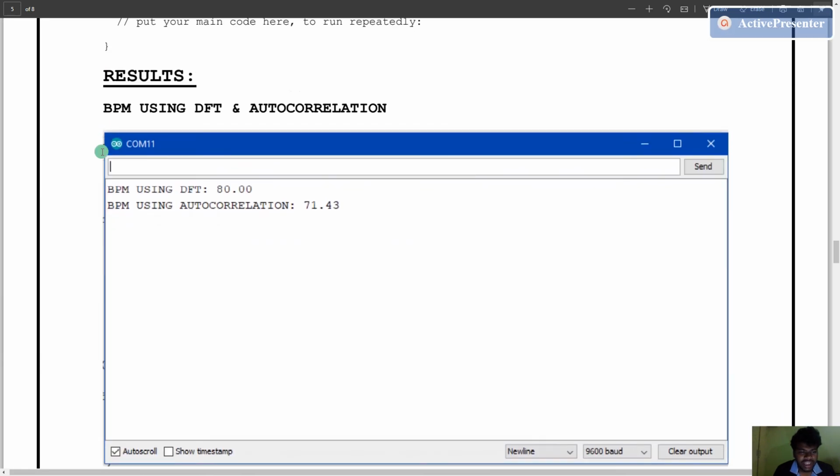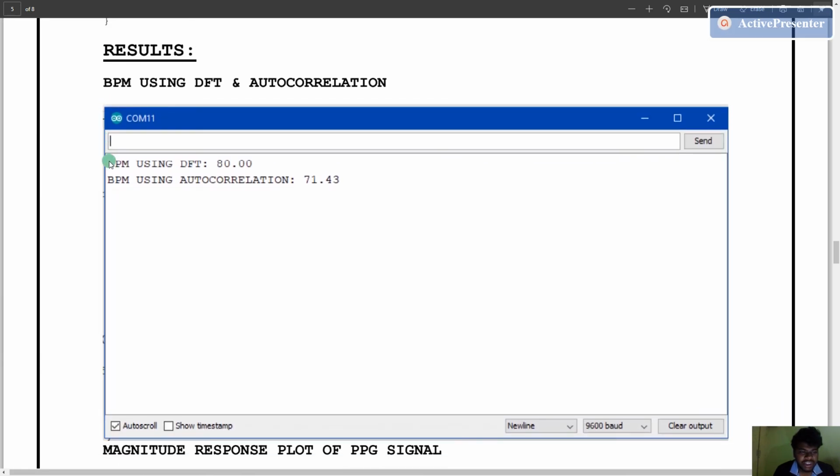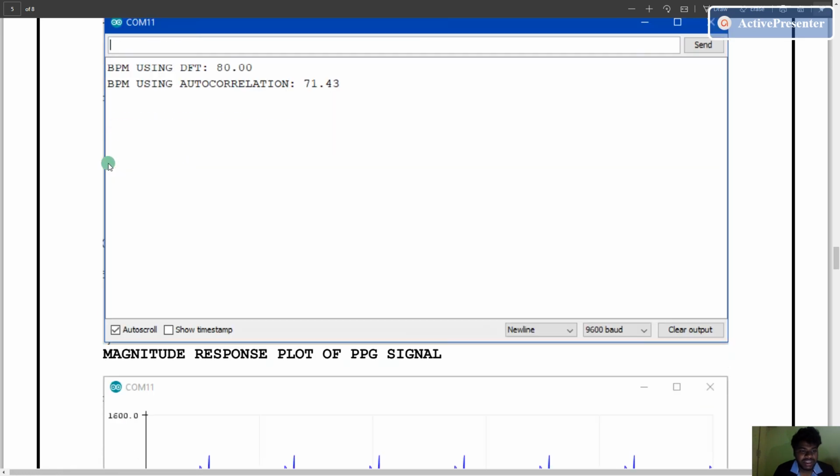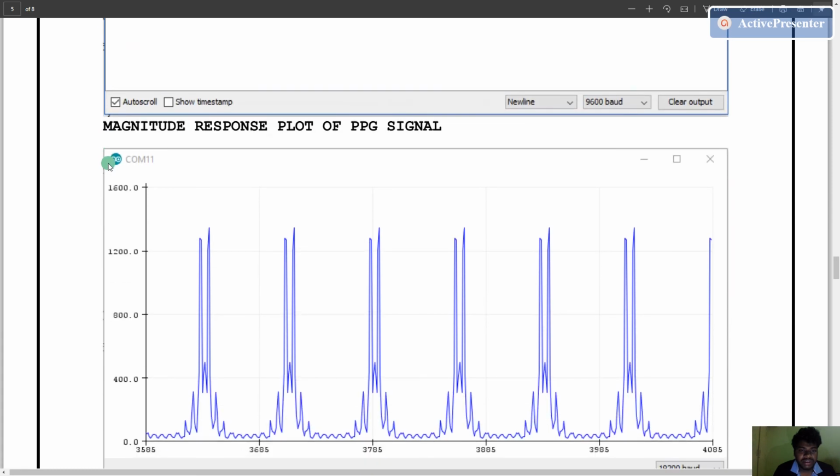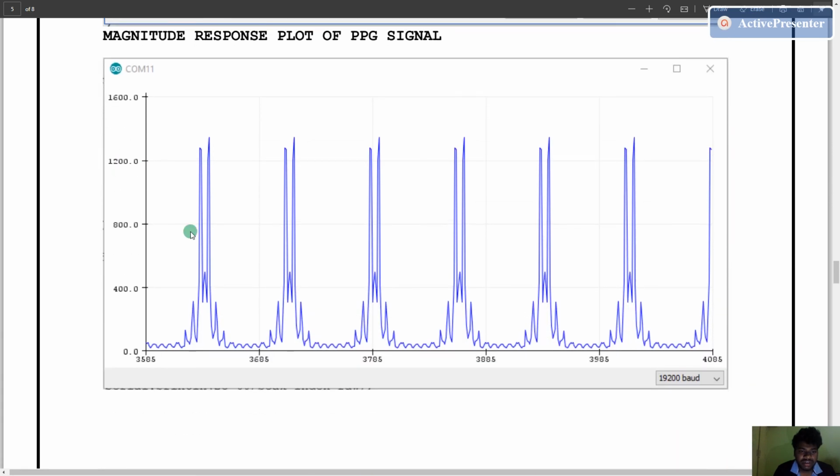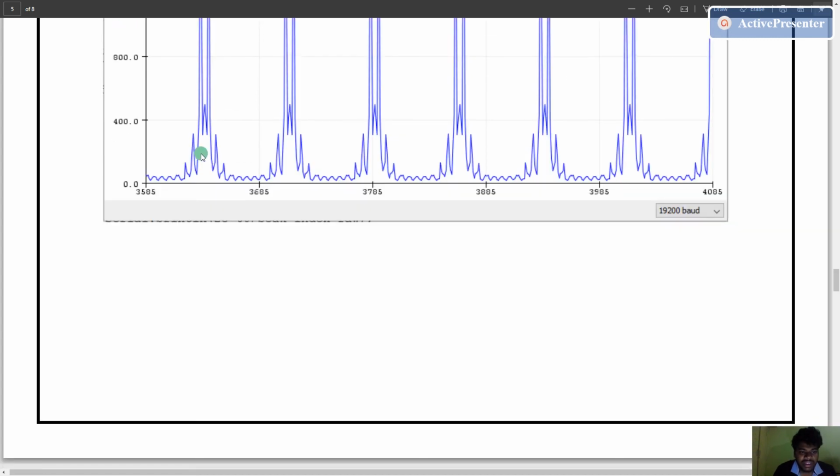Here we can observe that the beats per minute using discrete Fourier transform method is 80 beats per minute, and beats per minute using autocorrelation is 71.43, and the error is not that much. And the magnitude response plot of a PPG signal in Arduino is as follows. Here we can observe the two peaks, and we calculate the peak index of this peak position only.